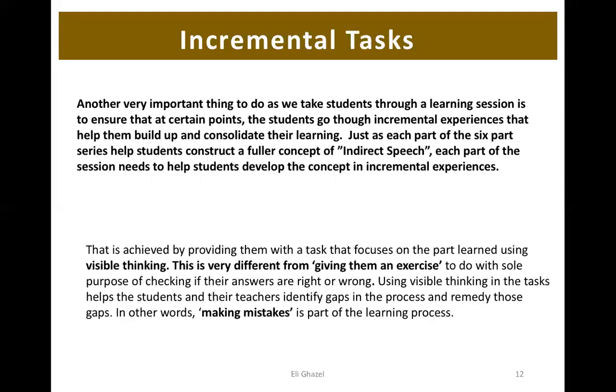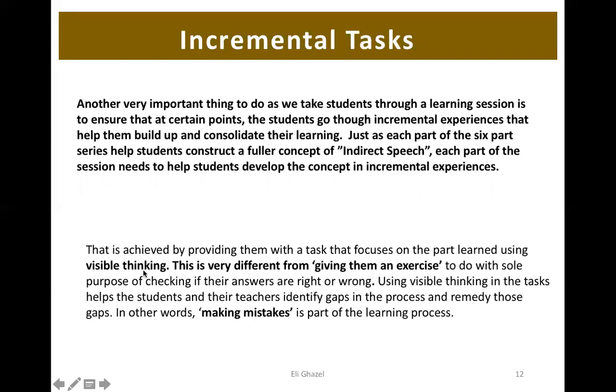So how do we do that? We achieve that by providing the students with a task that only focuses on the part learned. So notice that we did about 5 or 10 minutes and we reached a sum up. So that was the part learned.